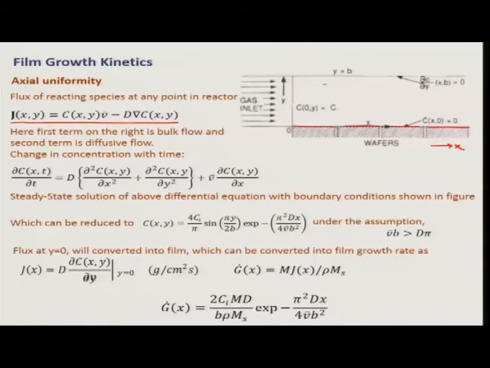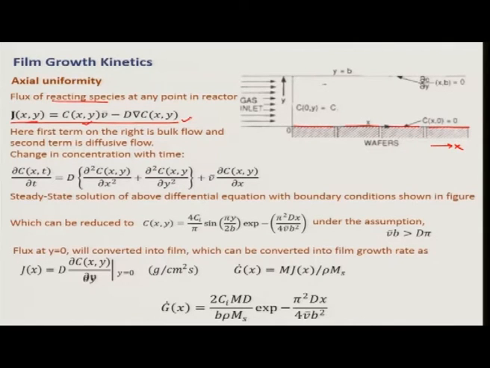Now, the flux of the reacting species at any point in the reactor will be governed by two things: one is the mass flow and second is diffusion. Mass flow in the bulk and diffusion across the boundary layer.